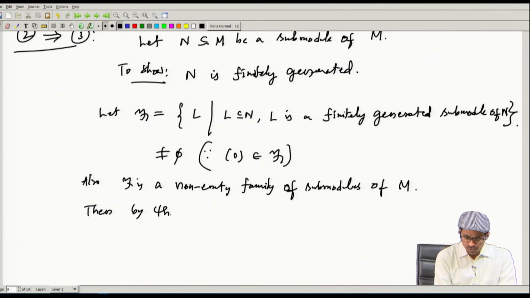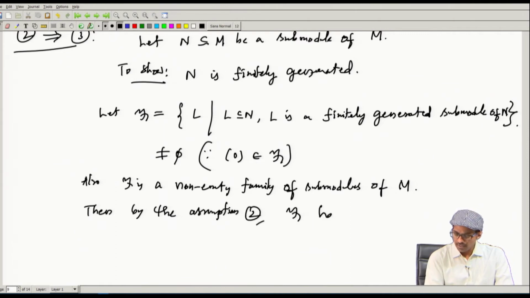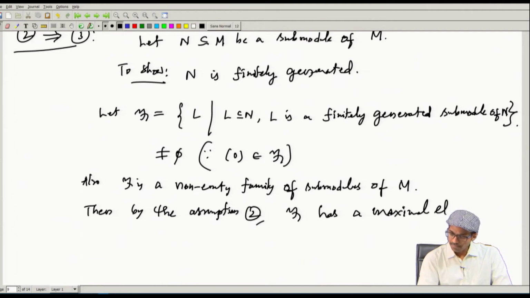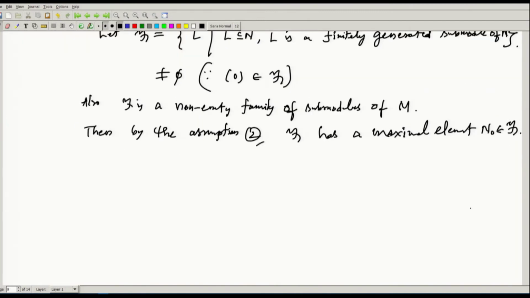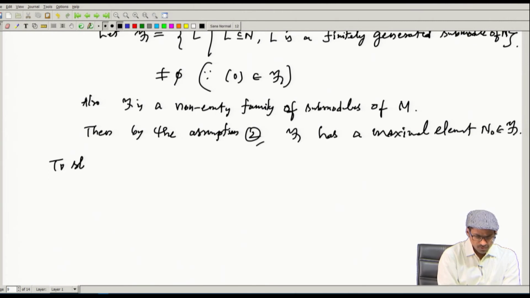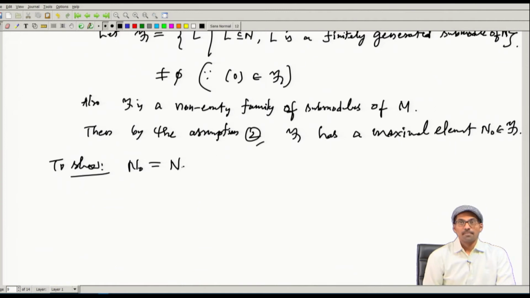Then by the assumption 2, this family F has a maximal element. Let us say N naught belongs to F, this is a maximal element of the family F. Now, our claim is that this N naught is equal to N, then we are done, because N naught is finitely generated.